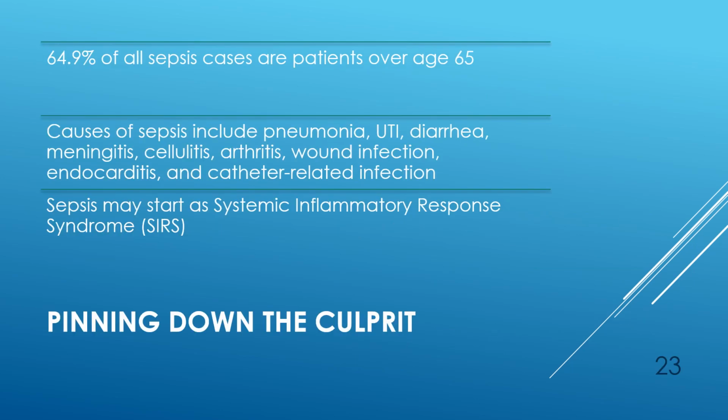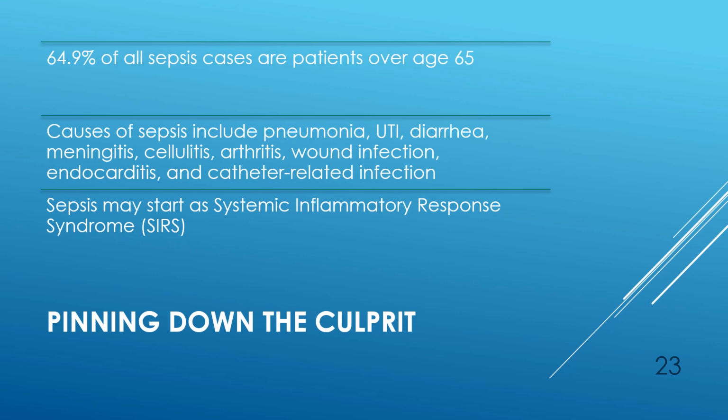Regarding sepsis, you need to really pin down exactly what causes sepsis. First of all, sepsis occurs in over 65% of the patients who are over the age of 65. So it is a disease process of the elderly. The cause of sepsis can be many.